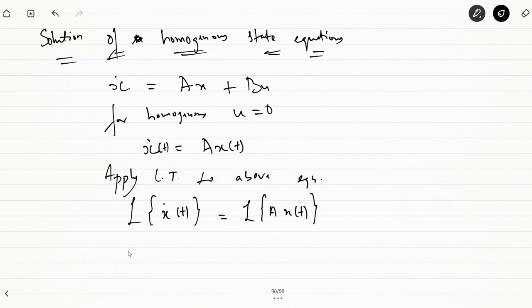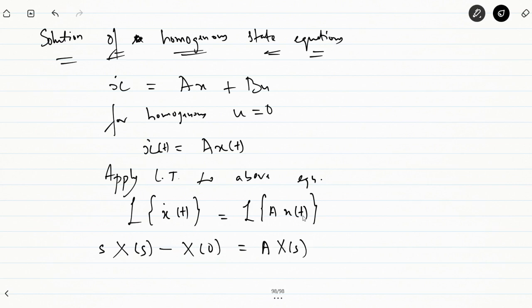We know the Laplace of a differential function is sX(s) minus x of 0, is equal to Laplace of a, which is a constant here, times Laplace of xt, which is X of s. Right? Laplace of a differential function is sX(s) minus x0. Right? You can remember from the Laplace theory.